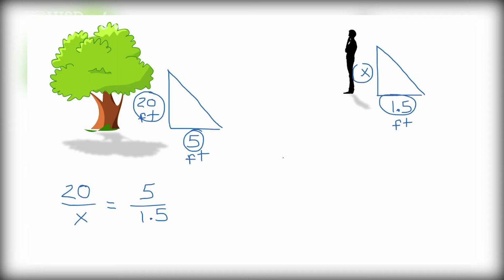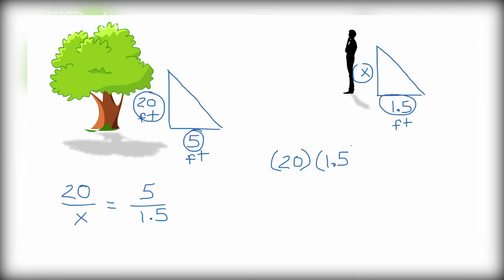So now that I have this, the only thing that I'm missing is to make an equation out of these two fractions. So I'm gonna be using the butterfly method, which tells me that I'm gonna multiply 20 times 1.5.